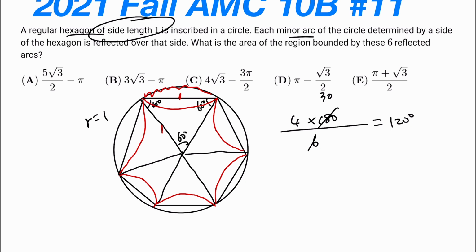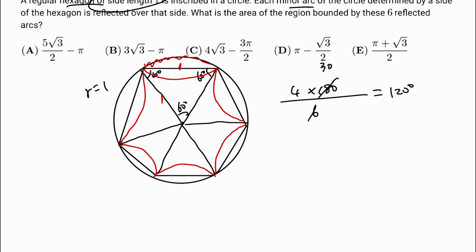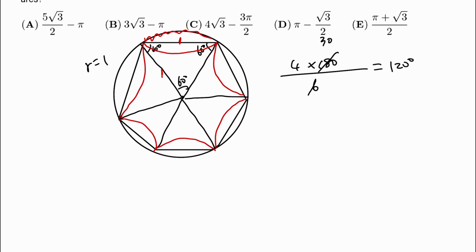On this problem, you could just calculate the area of the circle. So the area of the circle is equal to pi r squared, which is just pi because r is 1.